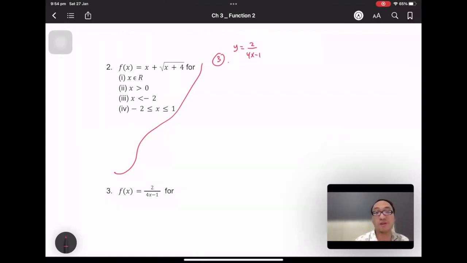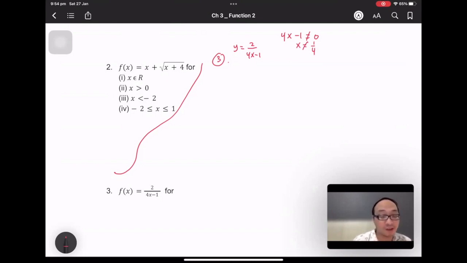And the thing we have to remember is that the denominator cannot be 0. So from here, we can say that 4x minus 1 cannot be 0. That means x cannot be 1 over 4.